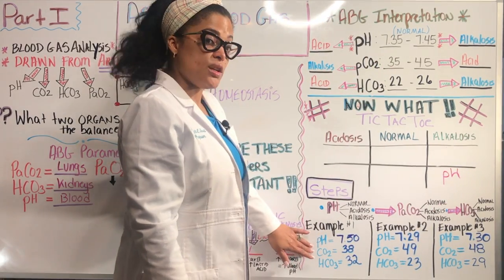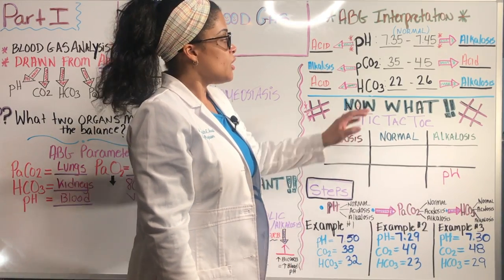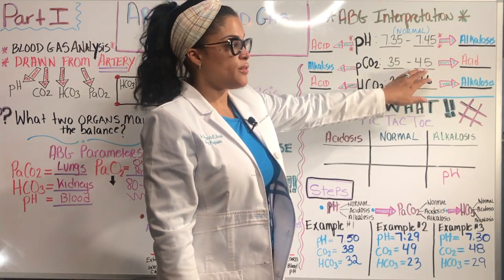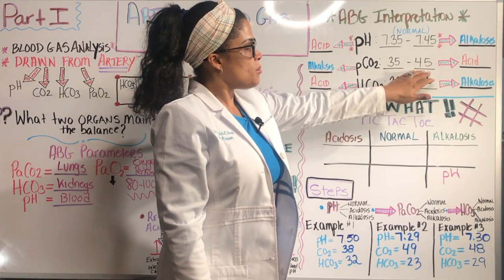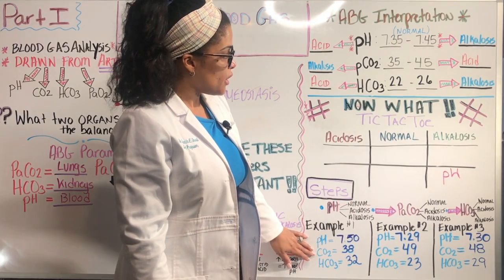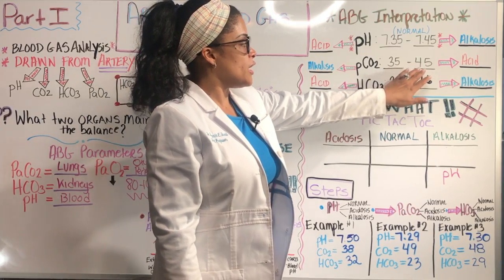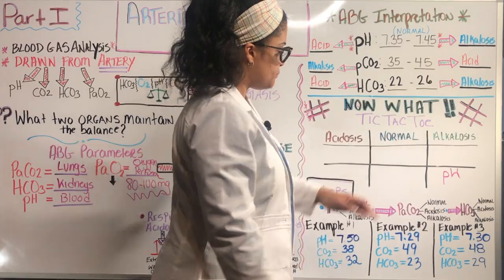Now we look at the CO2. The CO2 in this example is 38. The normal range for CO2 is 35 to 45. Anything under 35 is alkalosis, and anything above 45 is acidic. Looking at this number of 38, we can see that it falls within the normal range of 35 to 45, so we will plug it in.